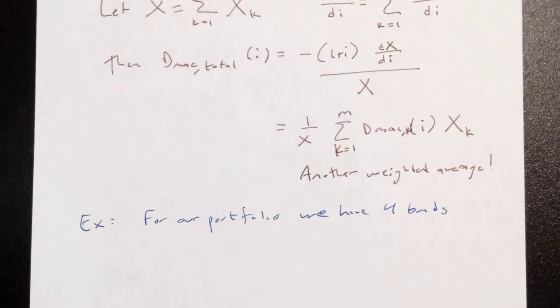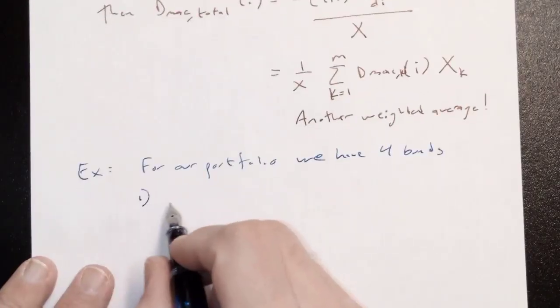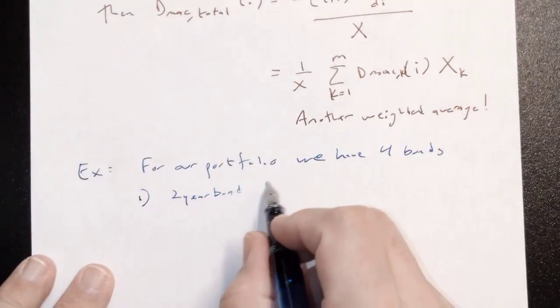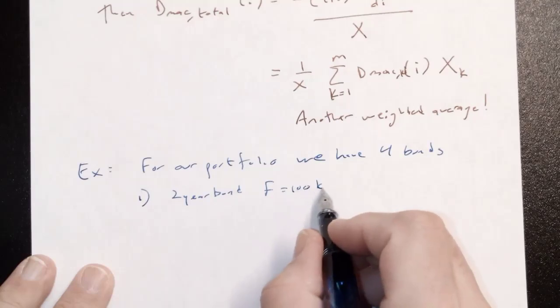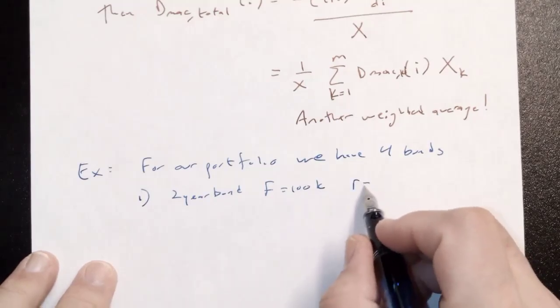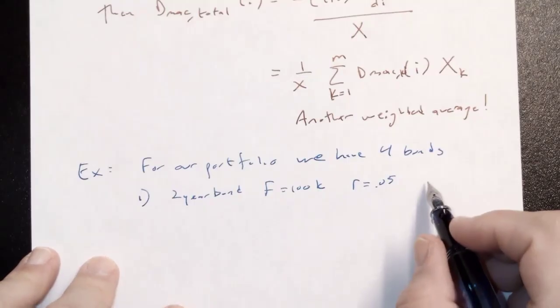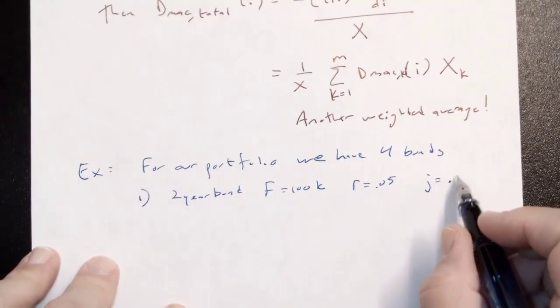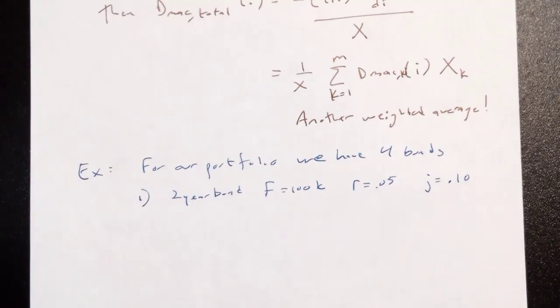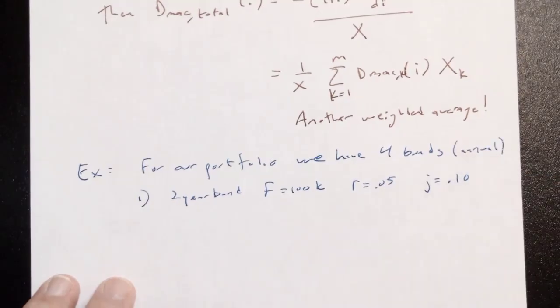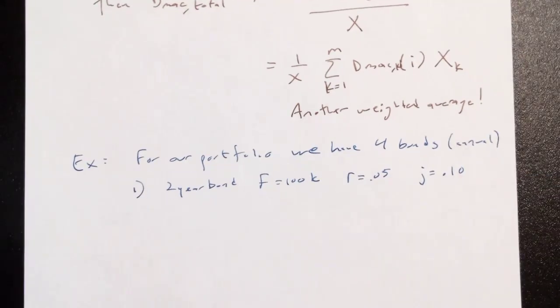Here's a portfolio consisting of 4 pieces. It is a 2-year bond with a face value of $100,000, a coupon rate of 0.05, and a flat yield of 10%. And I'm going to make these annual bonds rather than semi-annual. So these are just once a year.